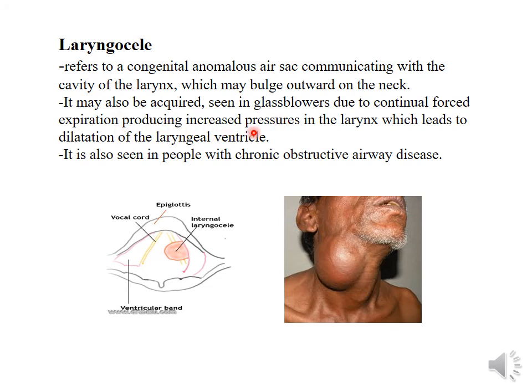This increases pressure in the larynx, which leads to dilatation of the laryngeal ventricle. This is internal laryngocele. This is external, it bulges outside of the neck. This person could be a glass blower.